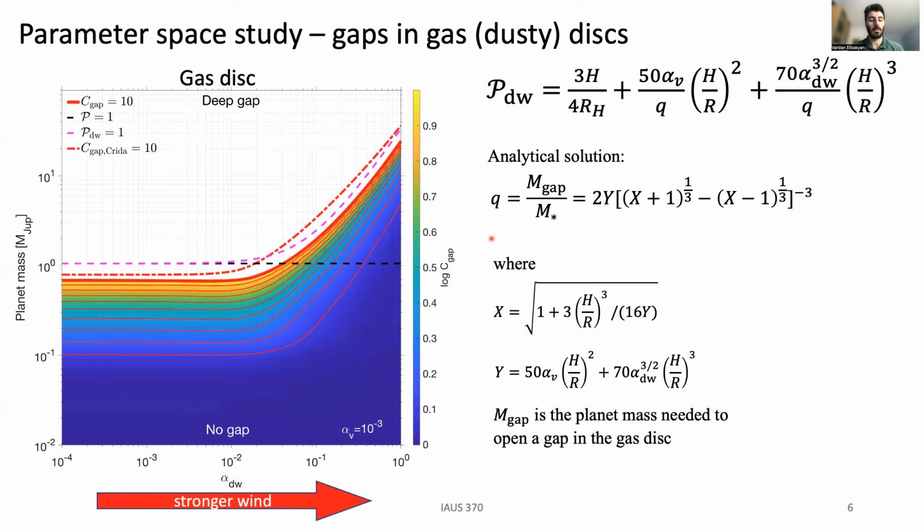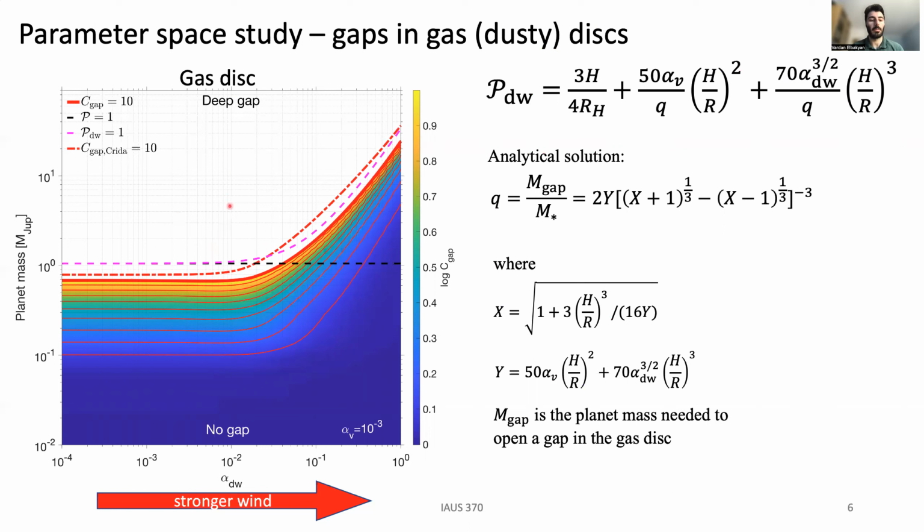Here we have about 2,500 models, and the solid red thick line here shows the planet mass needed to open a gap inside the gas disk. All the planet masses above this line open the gap.